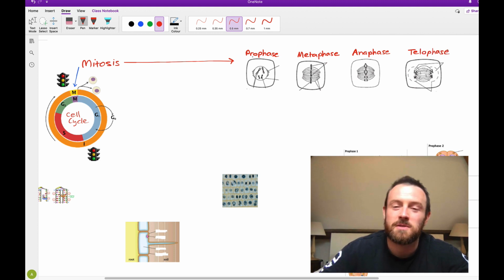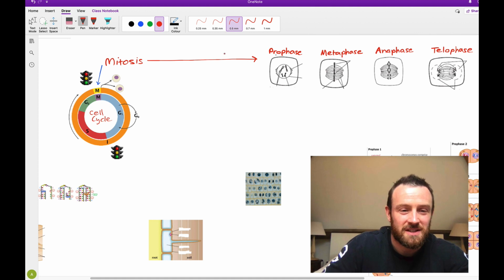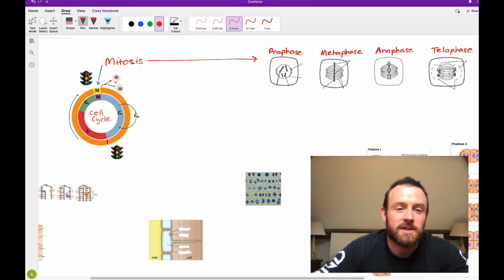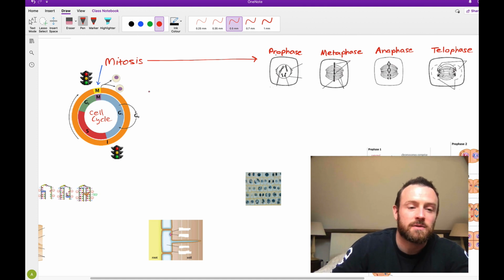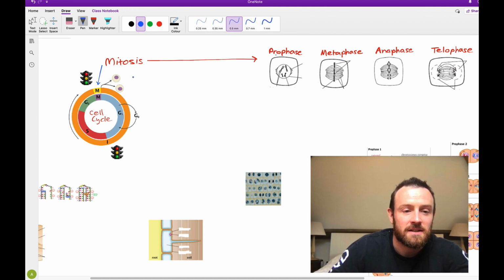And those are all just the subphases of mitosis, so they're all happening in here. At the end of mitosis, we actually have a separate event, which is called cytokinesis.